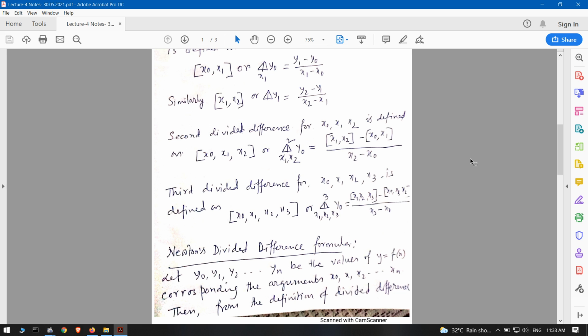Similarly, next term will be (x minus x naught) into (x minus x1) into (x minus x2) into (x minus x3) into fourth divided difference, that is divided difference [x naught, x1, x2, x3, x4], and it will go on. So depending on the set of values you are provided, this polynomial will end.